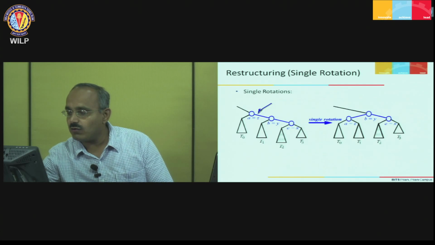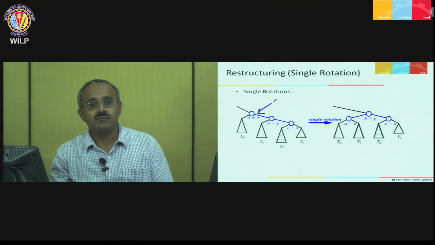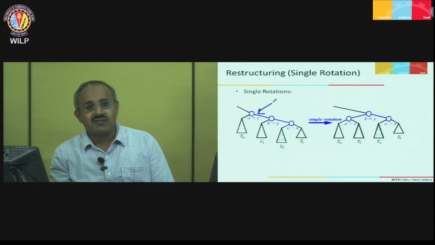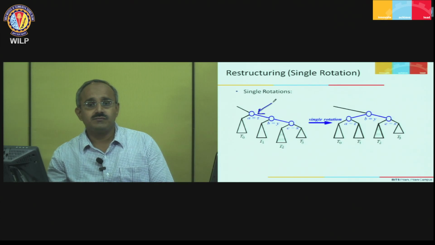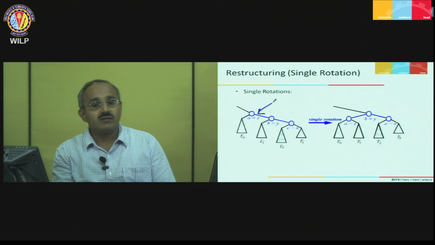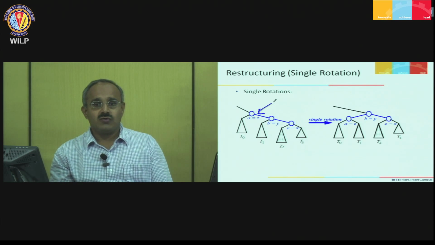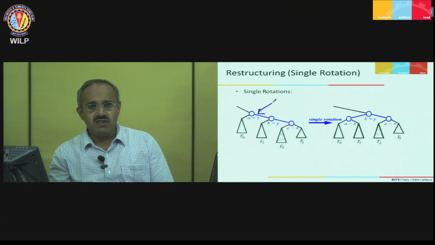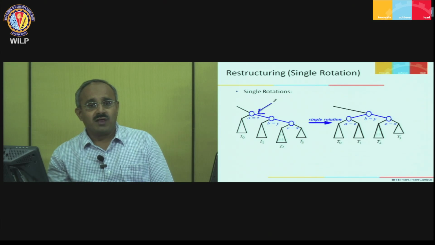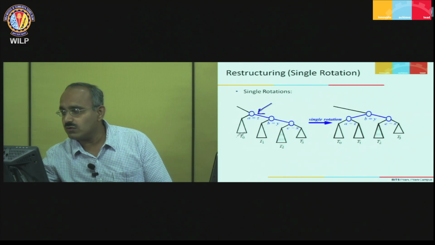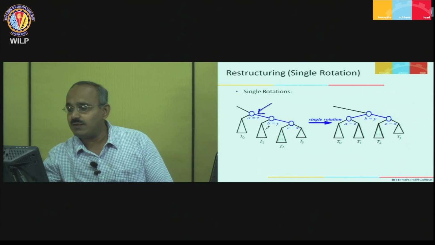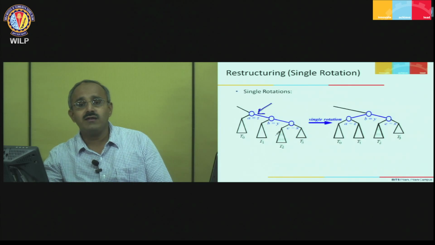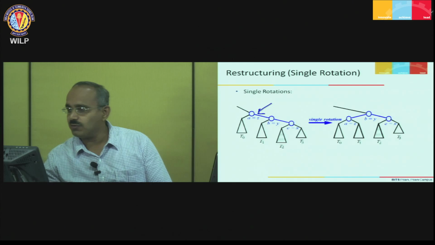So, imbalance will always happen at z. The meaning of x, y, z is not going to change, meaning the labeling A, B, C is going to change. What we want, in this particular case, is A, B, C as they occur in in-order traversal. So, we are going to have A here, B here and C here. So, we are going to label A equal to Z, B equal to Y and C equal to X. This is one possible case.